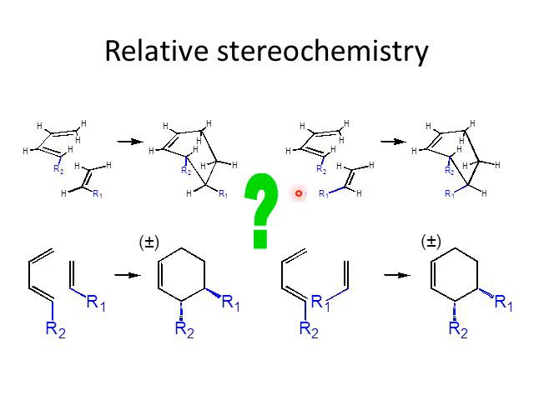And this is called endo, because the R group is underneath. It's in towards the pi system. And they lead to different stereochemistries. If it came together one way, it would give us this relative stereochemistry. Exo gave me this guy, endo gave me this guy. So one gave me trans and one gave me cis.